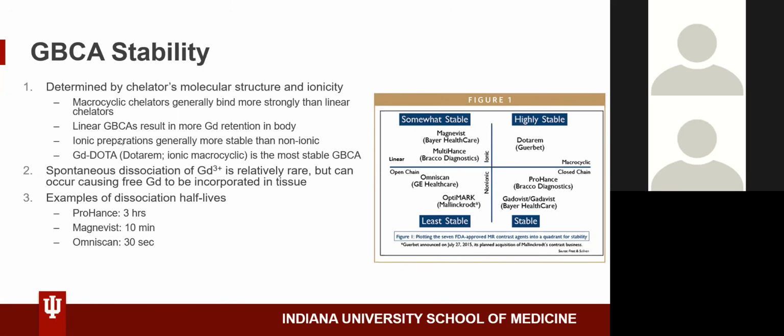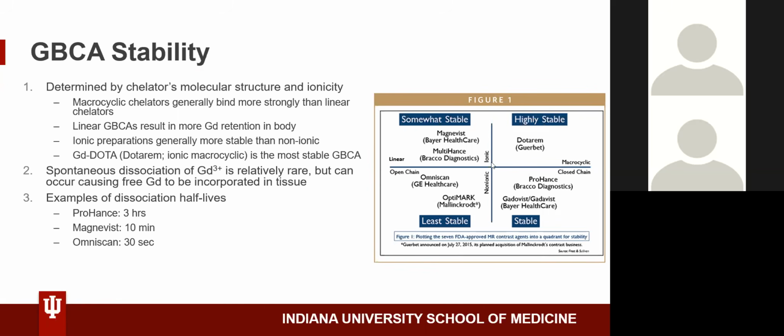Another note is that ionic preparations are generally more stable than non-ionic preparations, and that's why this deuterium, that you all are probably pretty familiar with from an IU health standpoint, is both ionic and macrocyclic, so it's kind of the best of all the worlds from a stability standpoint. So that's why if we look at this table, that's the most stable GBCA. So deuterium is in this highly stable category.